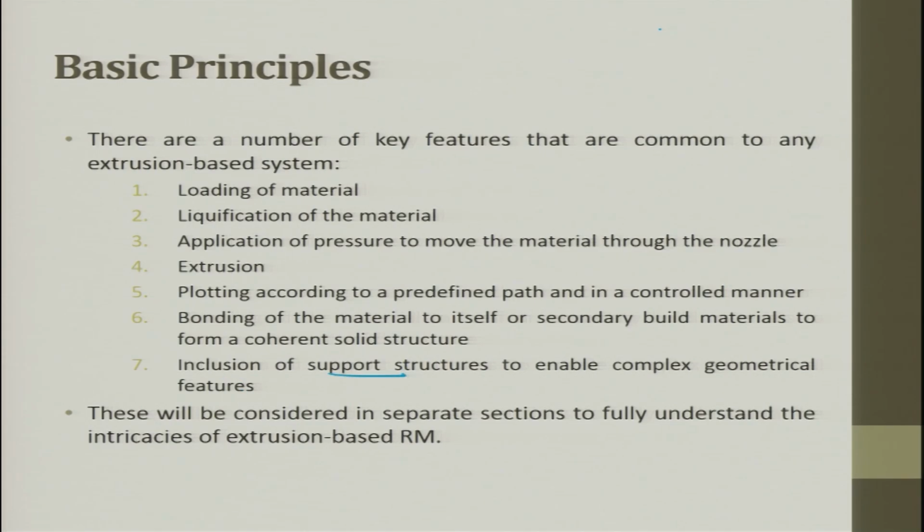Supporting structure, as I told you last class itself, if you have a free hanging body, this free hanging body will be done by a supporting structure. Okay. So, these are all the common key features which are to be thought of when we talk about extrusion process. These will be considered in separate sections to fully understand the intricacies of extrusion based rapid manufacturing process.